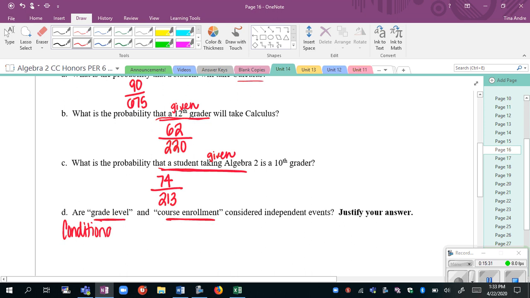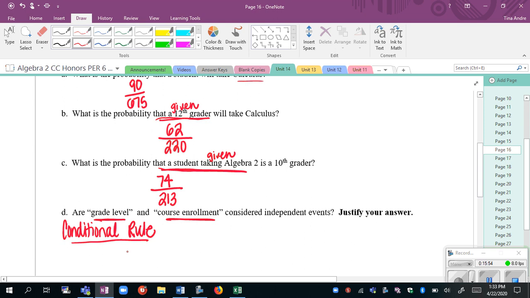And again, you might want to make a note to yourself. You can pick any category. It does not have to be calculus and 12th grade. It can be anything. You can use the multiplication rule every time if you would like. You can always use the conditional rule if you'd like. You just have to pick something and you have to be able to get those probabilities from the table or from previous parts of the question.